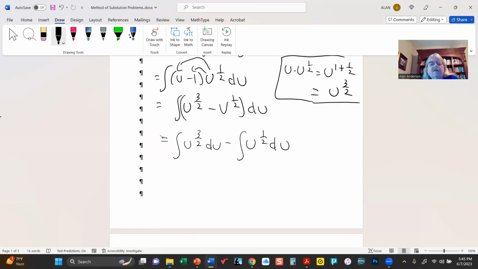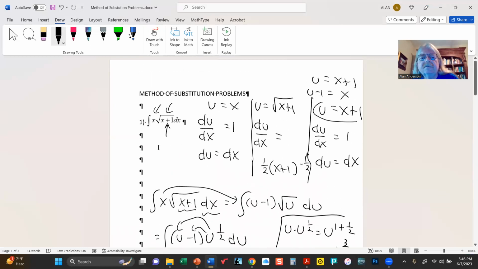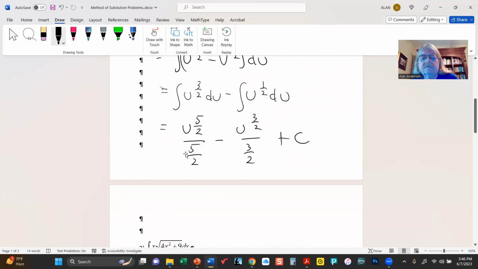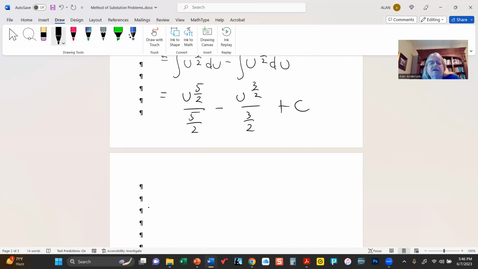Okay, so now this first one will be u to the 5/2 over 5/2 minus u to the 3/2 over 3/2. And don't forget about the constant, because this is an indefinite integral. And of course, we want to simplify these.